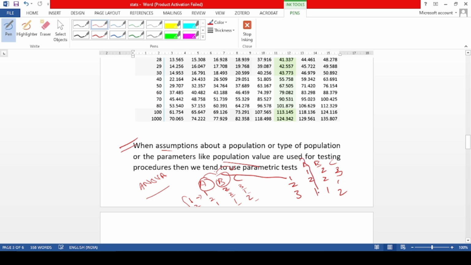We have to find the difference in means of the three tests. We are seeing just the values related to the parameters of the population. The first person got 1 mark in the A test, the second person got 2 marks in the A test, and the third person got 1 mark in the A test. Similarly, the first person got 2 marks in the B test, the second got 2 marks in the B test, and the third person got 1 mark. And similarly for C.